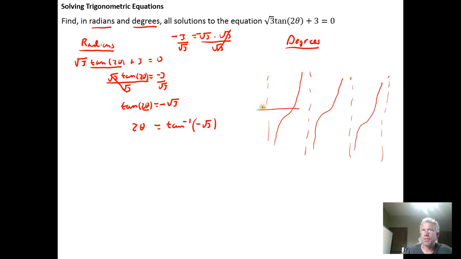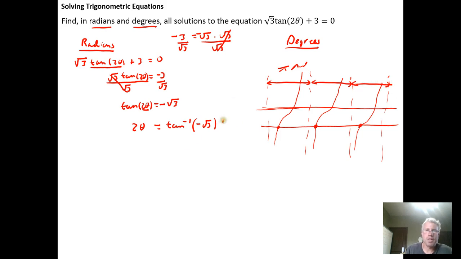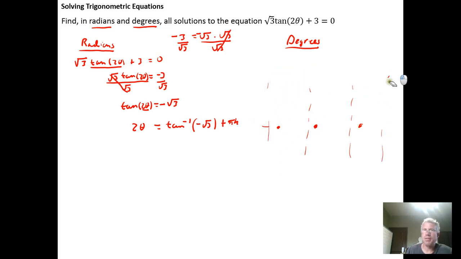So if this is my x-axis, negative root 3 is going to be down here where we are intersecting these equations, and the distance between vertical asymptotes is pi radians. So the solutions repeat themselves every pi radians. So what we want to do is say plus pi k.